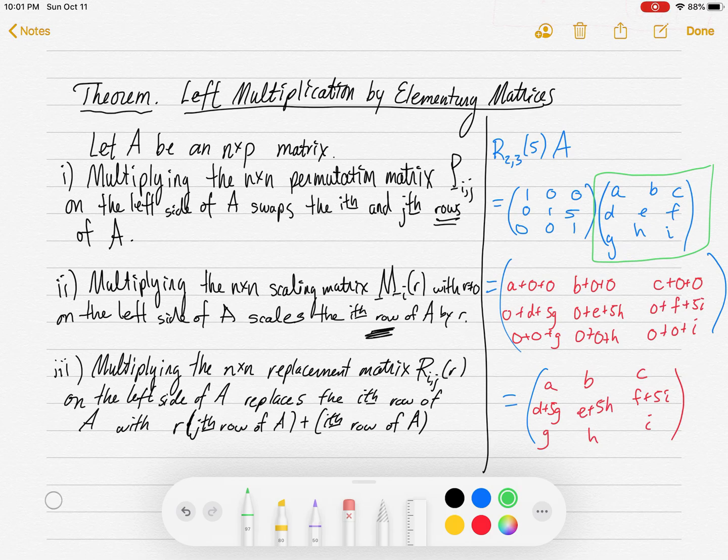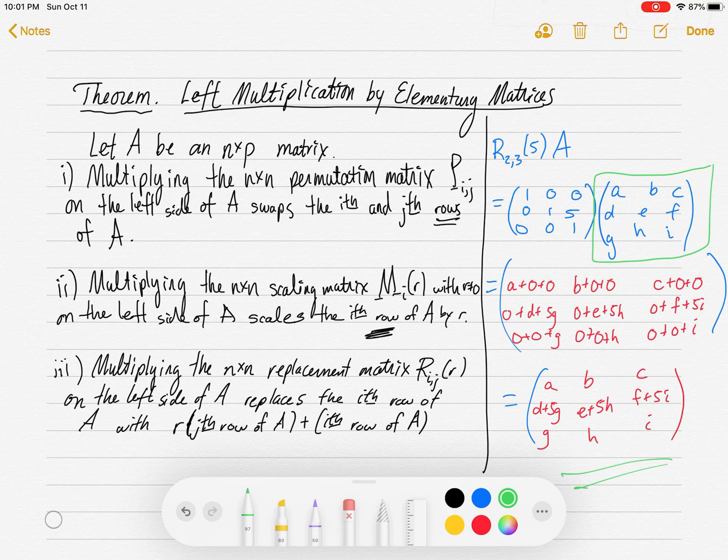I'm going to put a green box around A. There it goes.